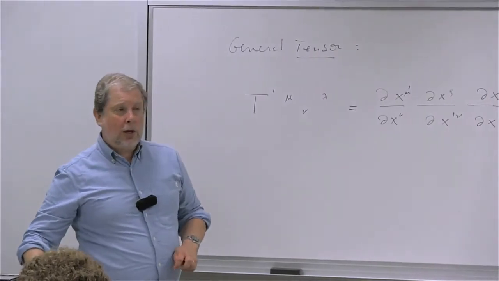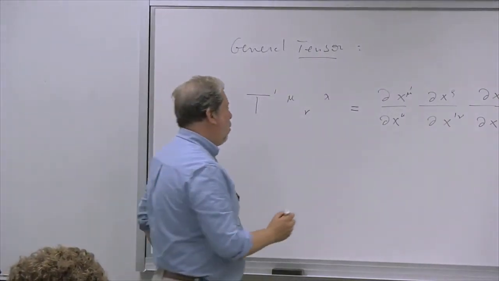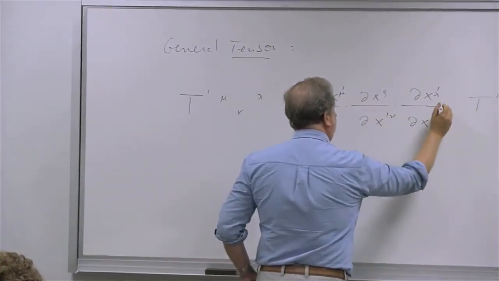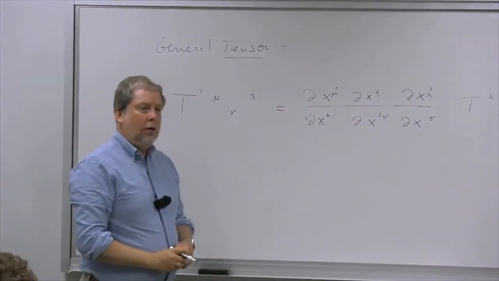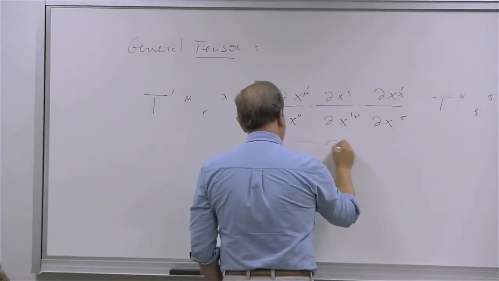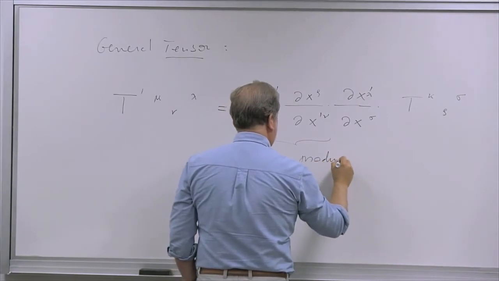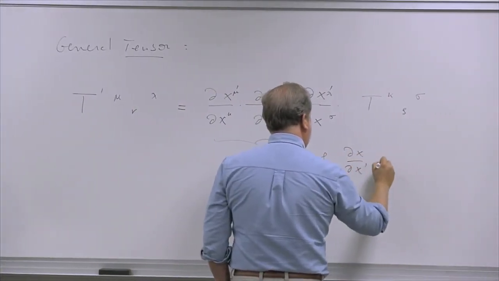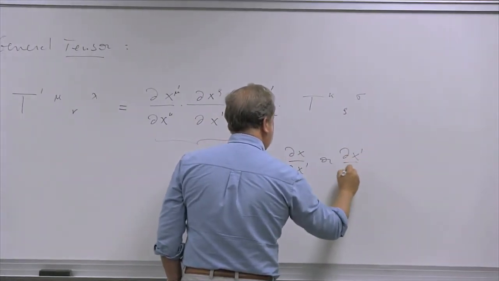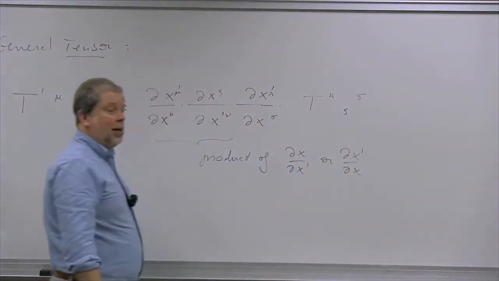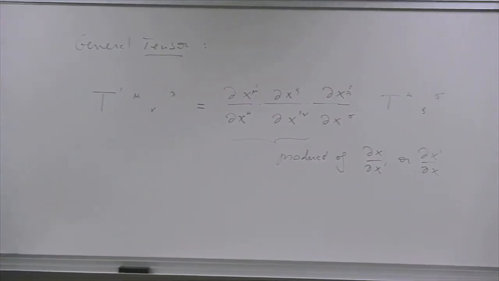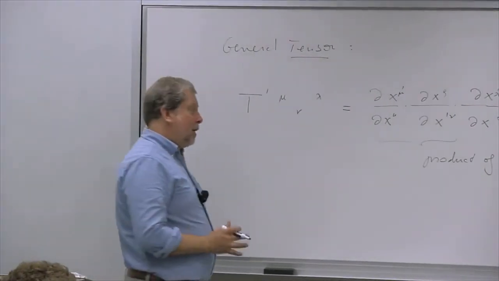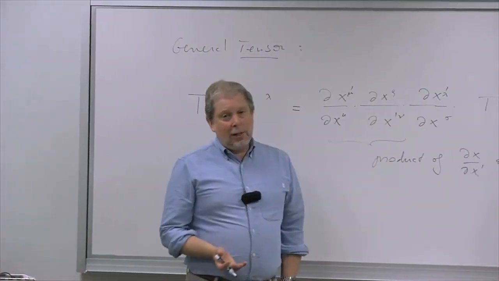A general tensor will transform under coordinate changes by a product of these dx by dx primes, right? So dx by dx prime or dx prime by dx, depending on whether the index is upstairs or downstairs, right? That is a tensor. If it does not transform in this way, then it is not.